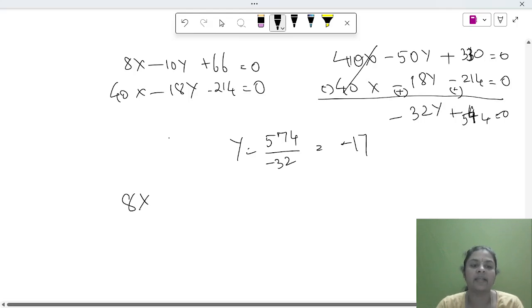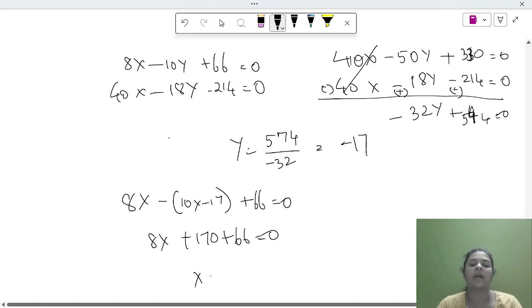Substitute in 8x minus 10 into minus 17 plus 66 equals 0. So 8x plus 170 plus 66 equals 0. x is equal to 29.5, I guess.